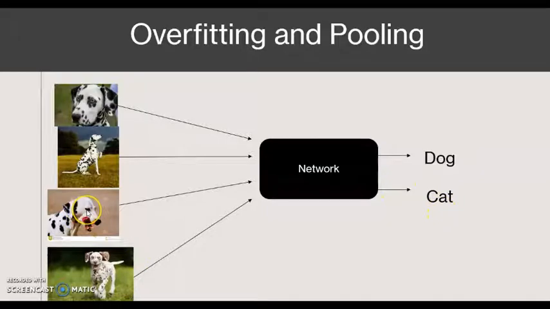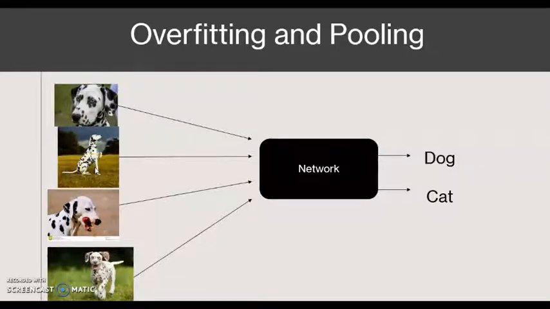And for example, all the dog images in the training stage are images of dogs with spots and dark eyes only. Let's suppose all the data set we are training on contains dogs with spots.